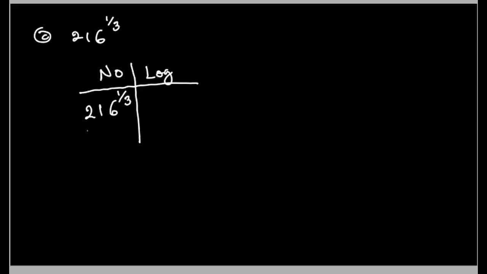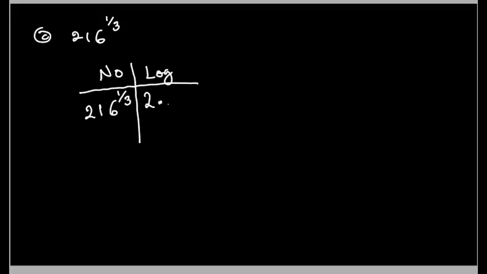Now the whole number is just a whole number, no decimal. As we know, for the whole number, count the number of digits and do a minus 1. 216 has 3 digits only, 2, 1 and 6. So 3 digits minus 1 gives us 2 digits left, points.